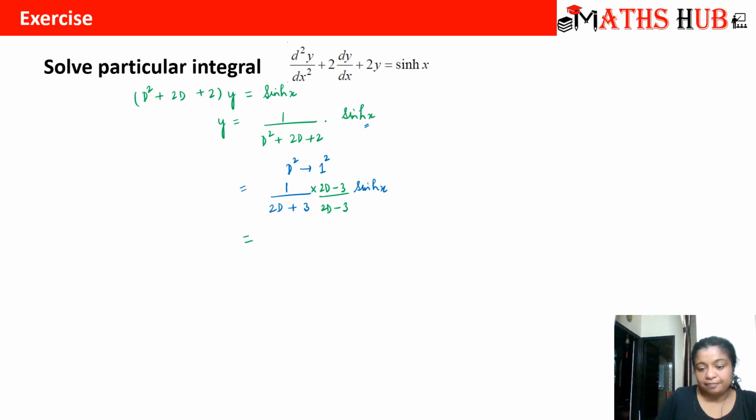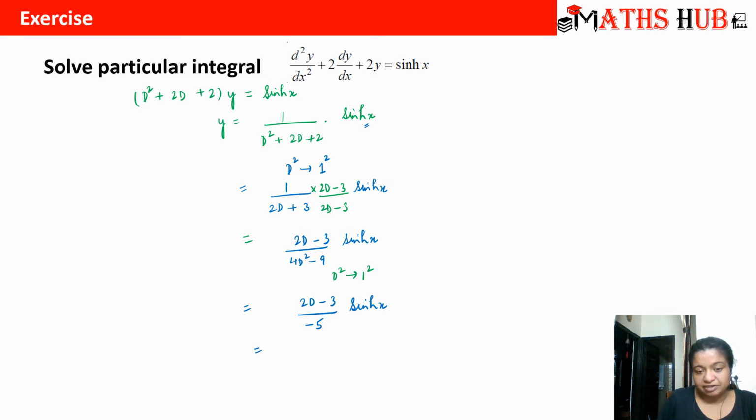We get (2D minus 3) upon (2D plus 3)(2D minus 3), which is 4D square minus 9, times sine hyperbolic x. Again we replace D square with 1, and that gets converted into (2D minus 3) upon minus 4 minus 9, that is minus 5, times sine hyperbolic x.